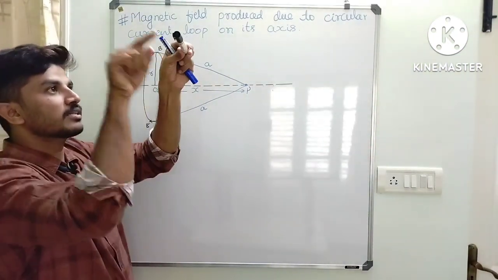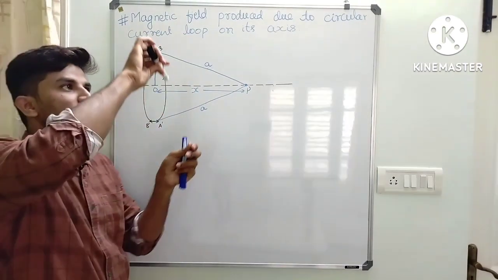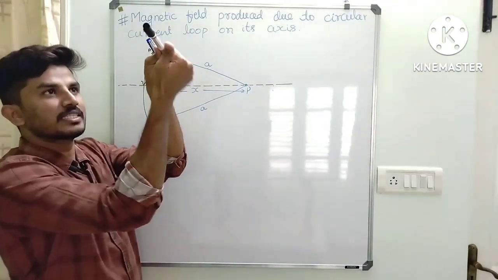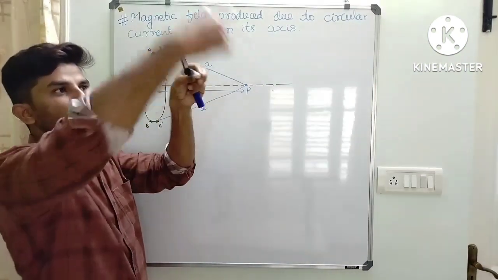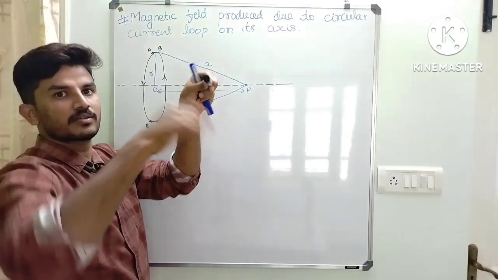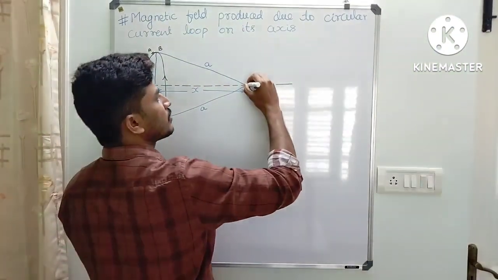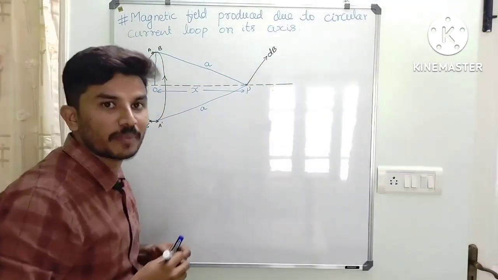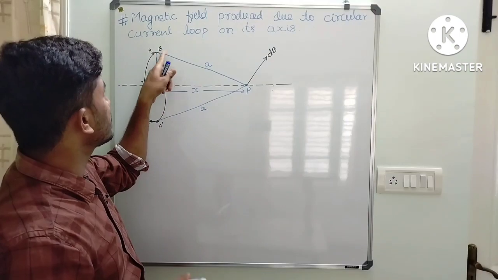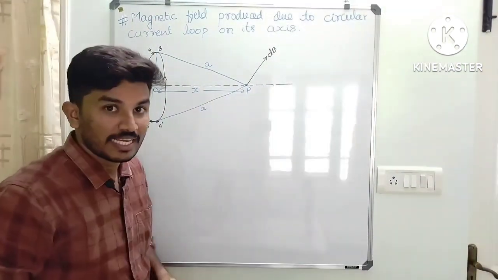At this particular point, the direction of current, if I consider like this, according to the right hand thumb rule, the direction of magnetic field will be like this. Magnetic field lines will be in this direction. This is the direction of magnetic field due to this current element AB at this particular point.